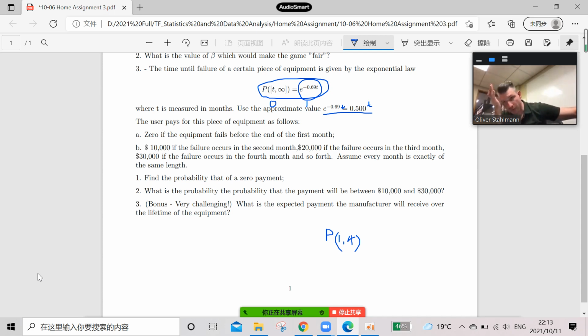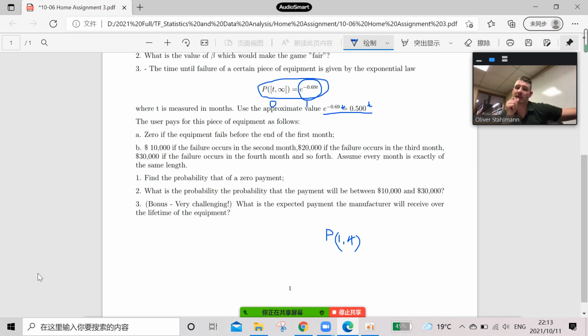And so you would want to know, I think it's the cumulative probability.